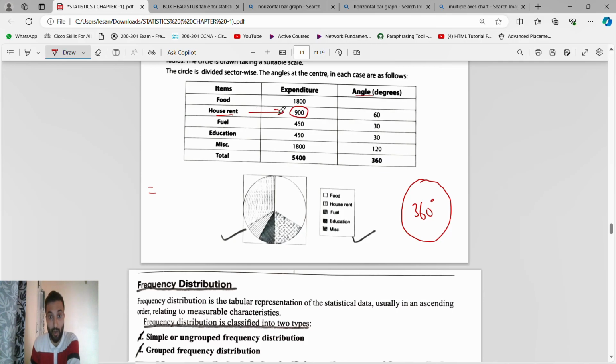So house rent's value 900 divided by the total value, multiplied by 360 degrees, because a pie chart is one circle of 360 degrees. The zeros get cancelled, we multiply, and we get 60 degrees.